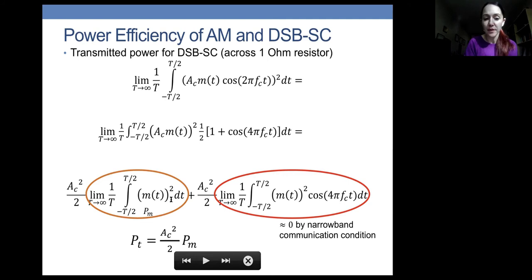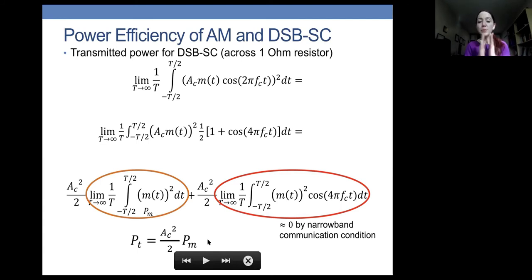On the other hand, our signal has a power equal to PM. So the result of this summation is Ac squared over 2 times the power of our message.